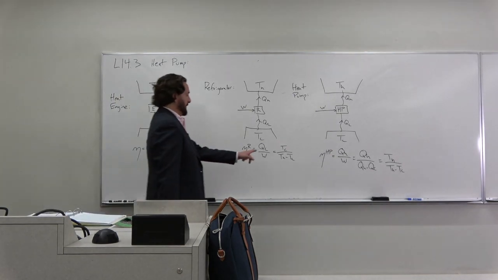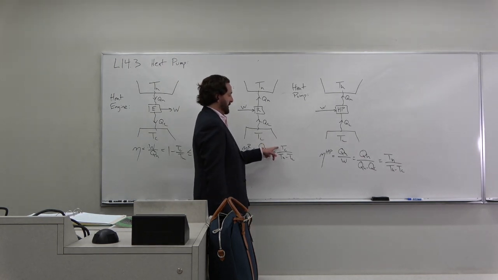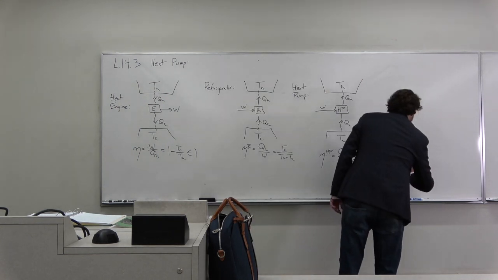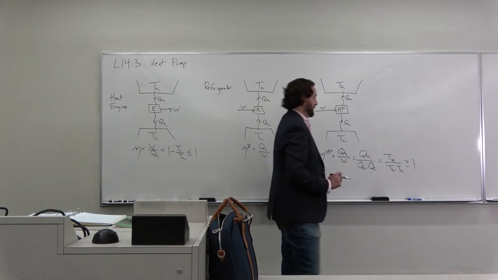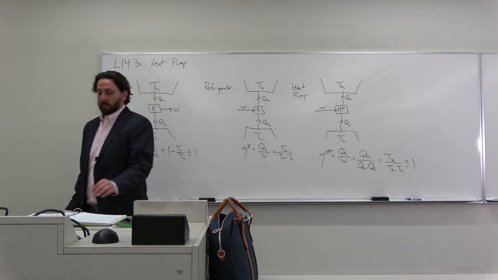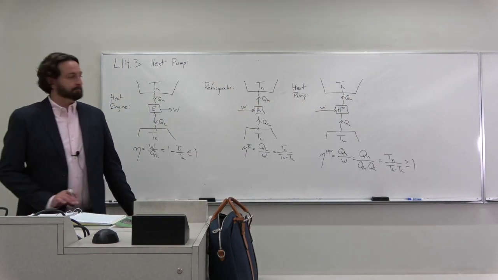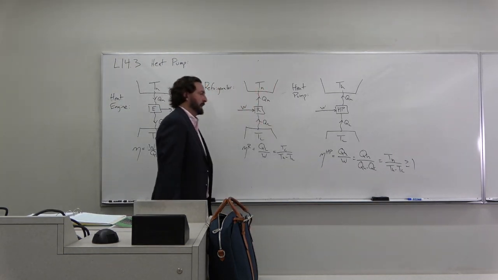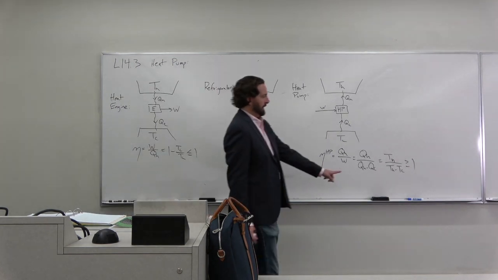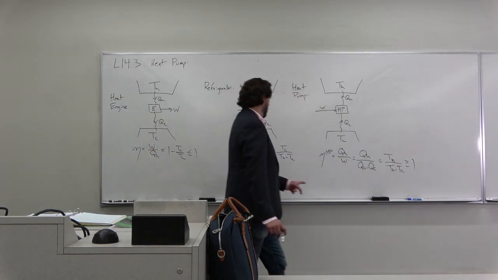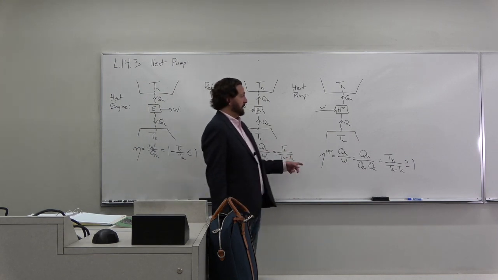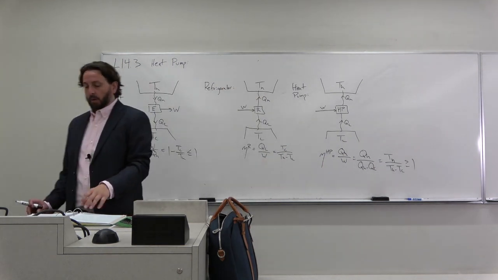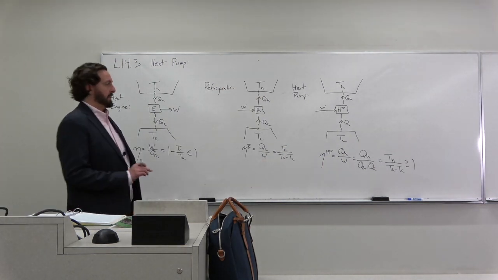This could be 0 if the temperature here were very, very small, right? But this is always greater than or equal to 1, right? And it would only be 1 if TC were at absolute 0. Okay, so our heat pump, you can see, is more efficient when we have a small temperature difference, a lot like our fridge, right? It's also more efficient, or higher performing, if the high temperature is high.